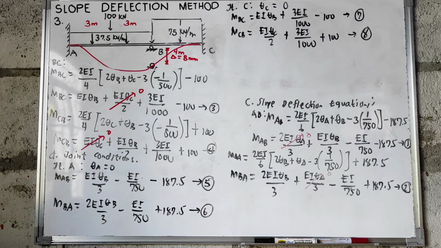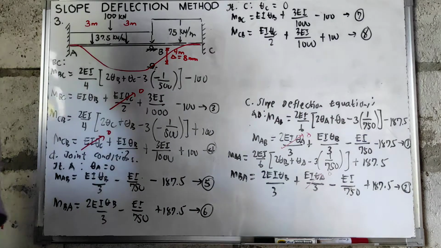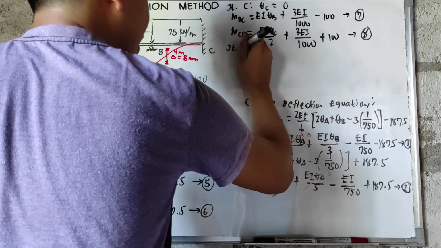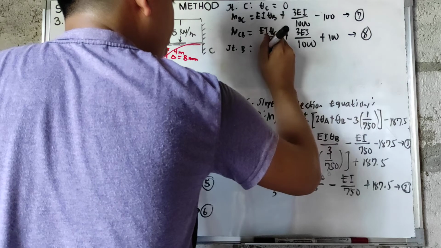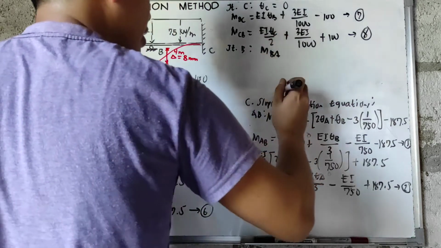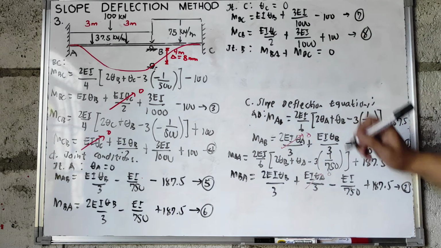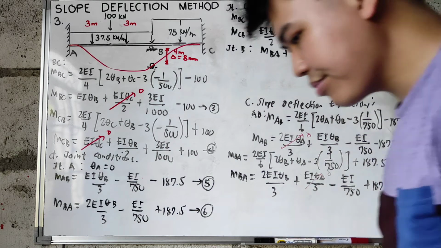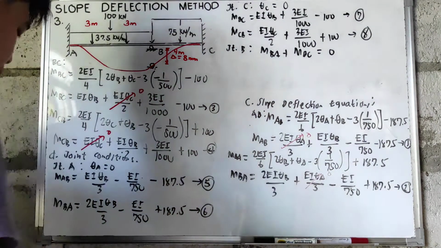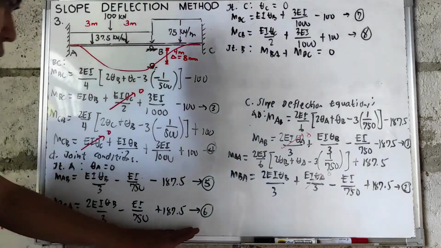So, for this one, let us apply lastly at joint B, wherein the MBA plus the MBC is equal to 0. So, let us use the MBA, this equation 6.